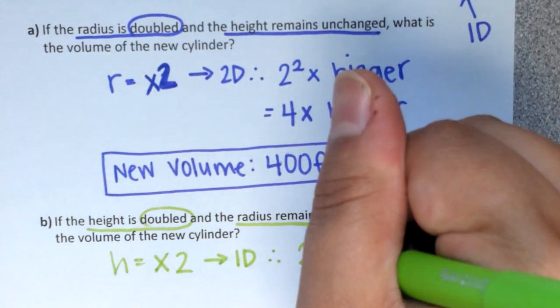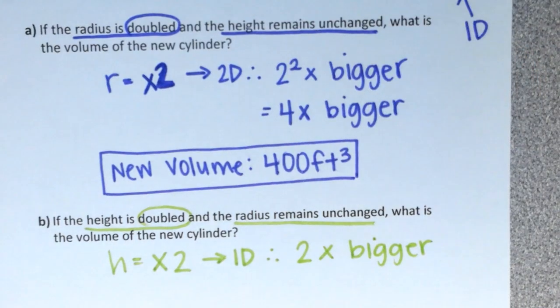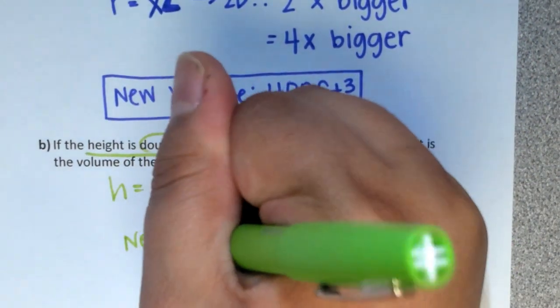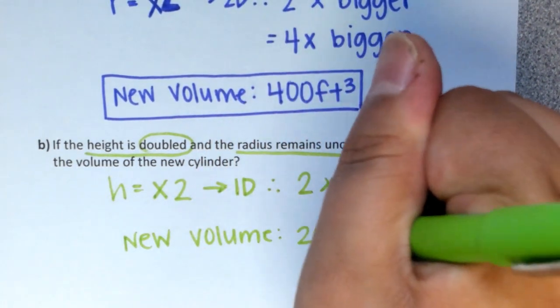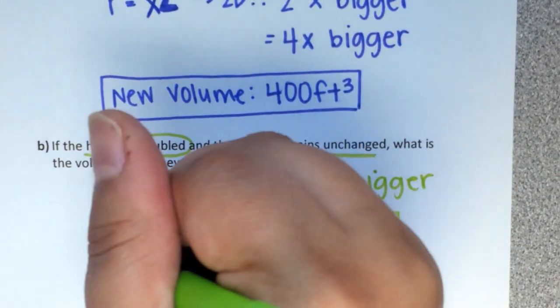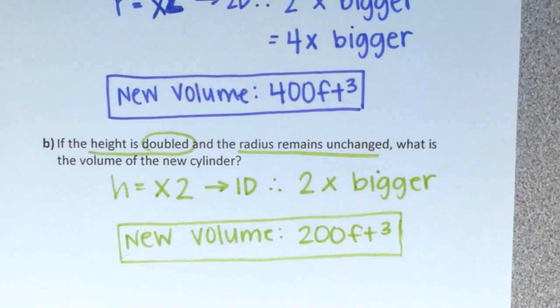It's just 2 times bigger. Well, if it's 2 times bigger, what's my new volume? What questions do I have?